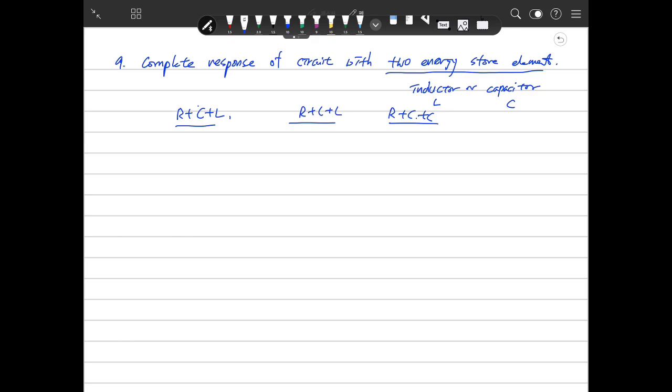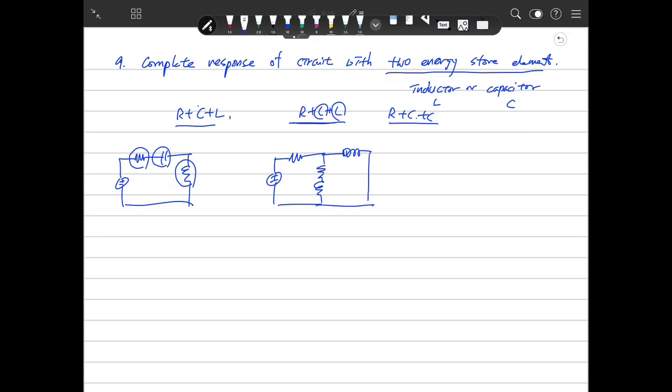For example, this is a voltage source, resistor, capacitor, inductor. This circuit consists of one resistor, one capacitor, one inductor. Or it consists of two inductors. For example, the voltage source here, resistor, and inductor, and in this case there are two different inductors, L1 and L2.